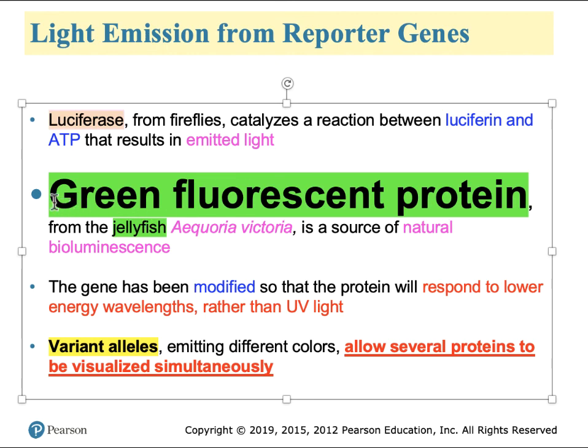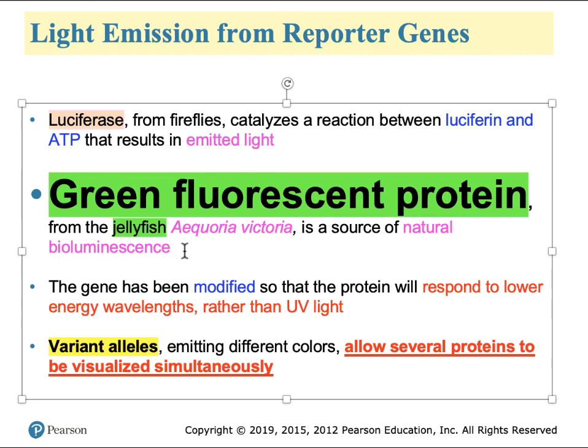A similar reaction takes place in the ocean in bioluminescence there. Many creatures can generate bioluminescence in the deep ocean, but the jellyfish has taken this to a suitable level in its life cycle. It uses green fluorescent protein, GFP.